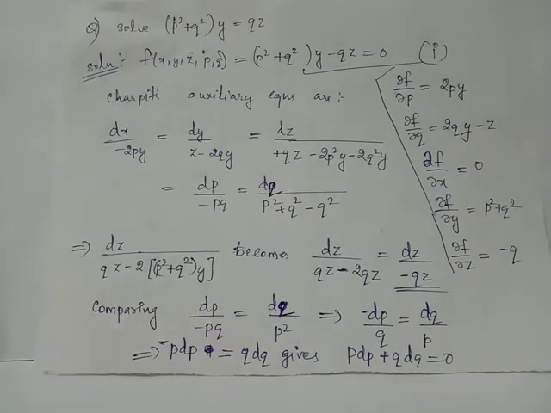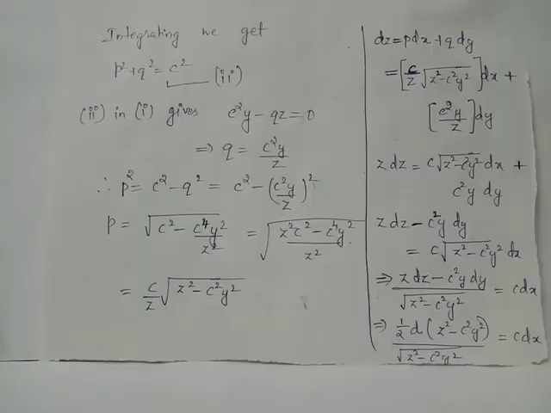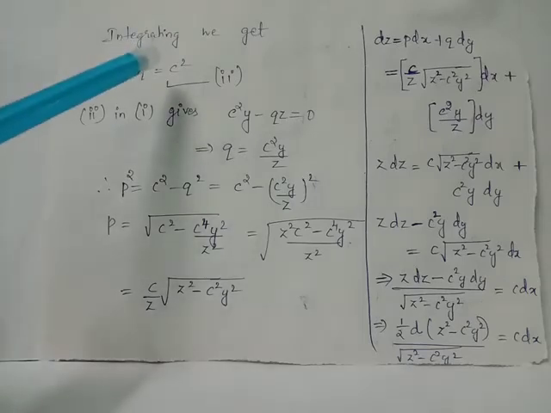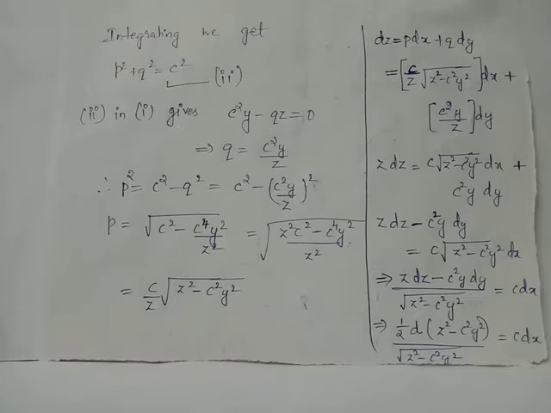When we bring p square to RHS, we have p square plus q square equals 2 times constant of integration. So we get the equation p square plus q square equals c square. This c square may be considered as a constant, which is obtained after multiplying 2 to the constant of integration which we obtained in the previous step.